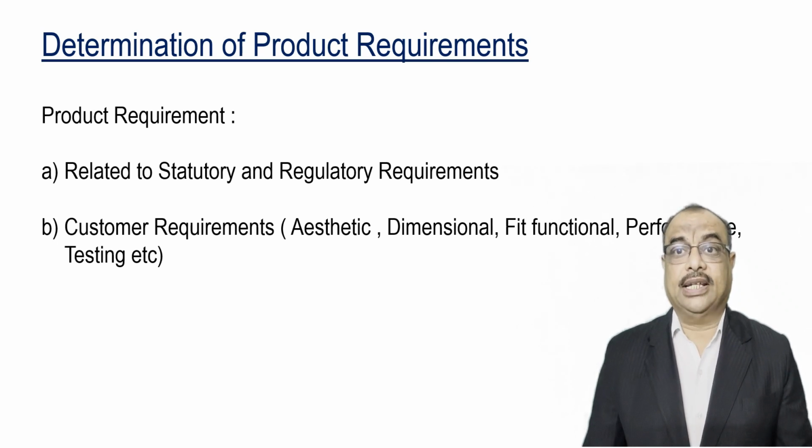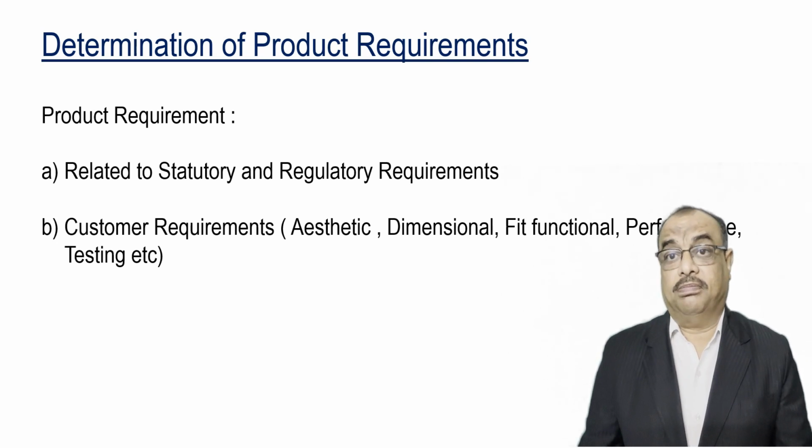So the organization can decide its requirement, what kind of rust preventive oil they will use. In some companies, packing requirements are also very important. The customer may not understand the importance of packaging, but the organization understands it. So all the information which the customer is not asking for, but which the organization understands is mandatory for the product, that kind of information we have to capture. So that is also important.